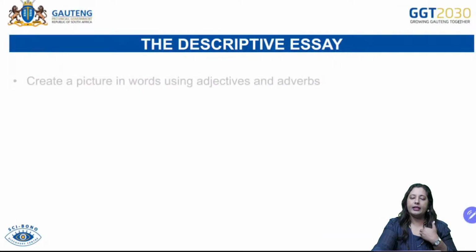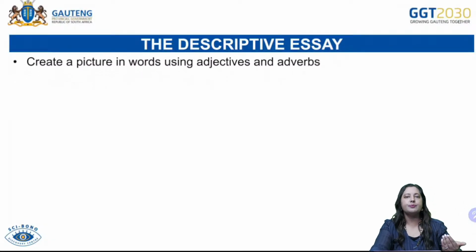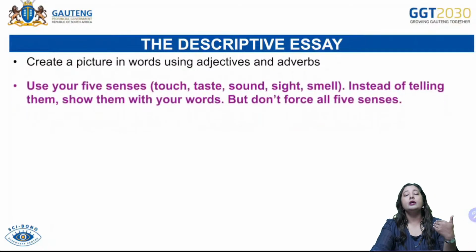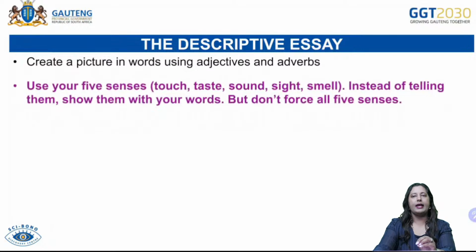Okay. Then further on to that, create pictures in the mind of the reader. I did mention to you, please ensure that you also engage with the 5 senses that we have. So you would make sure that you have dealt with one idea that talks to maybe the sense of touch that a person can imagine.